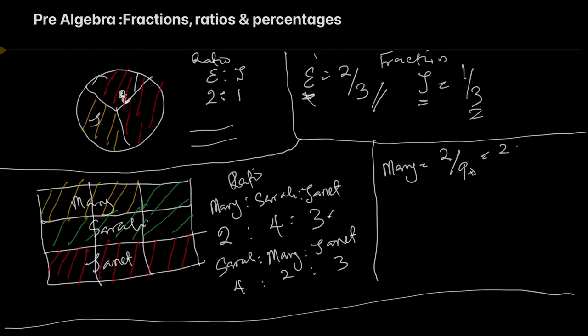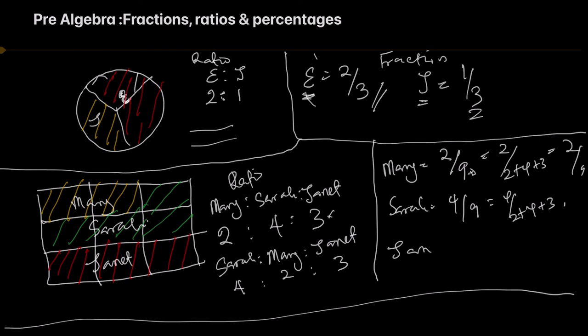So basically 2 plus 4 plus 3, which will also still give you 9. So Mary has 2 over 9, and then you have Sarah, 4 over 9, which is basically 4 over 2 plus 4 plus 3, right? And then you have Janet, which gives you 3 over 9.